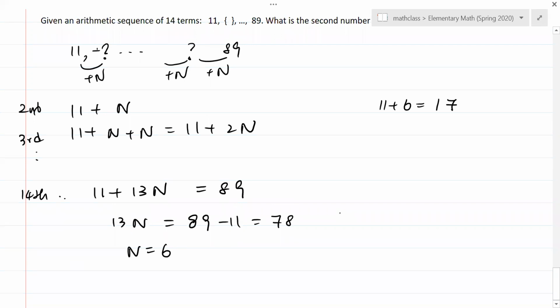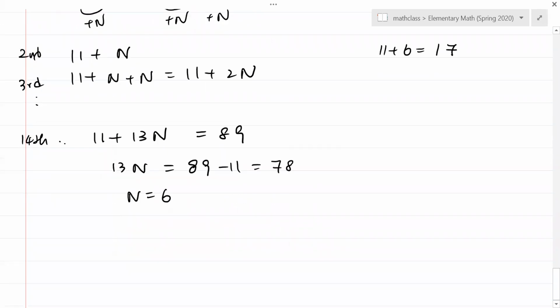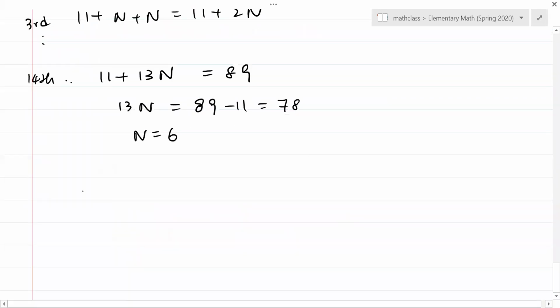So this is the idea. If you have the first term, then every time you add n, the second term, and so on, right? And this is the last term. You add the n, add the n.